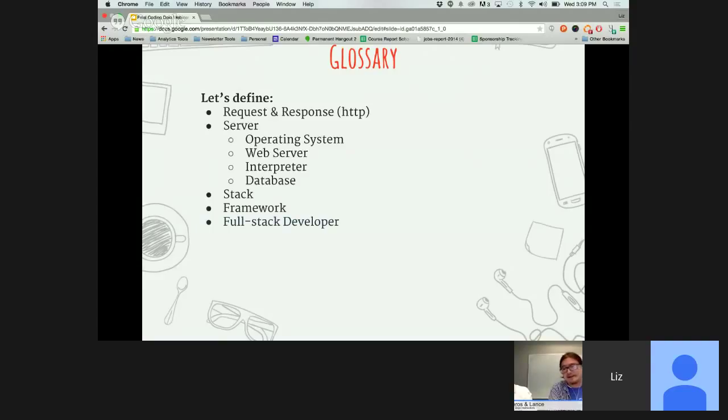And the interpreter: you're probably going to be writing these programs in some kind of language. Generally with web development, it's going to be an interpreted language, where the server takes the commands written in the programming language and interprets them and then does something. So if you say talk to the database, grab some info, send it to what they requested. So that's basically the basics of a server.